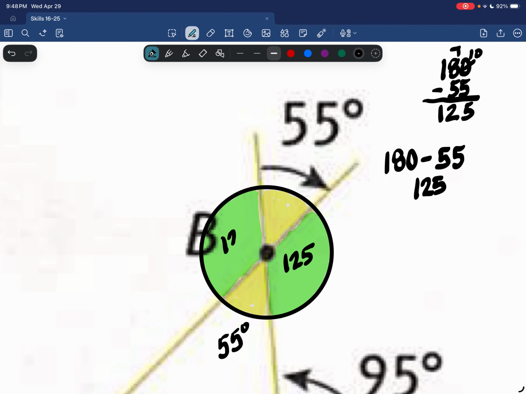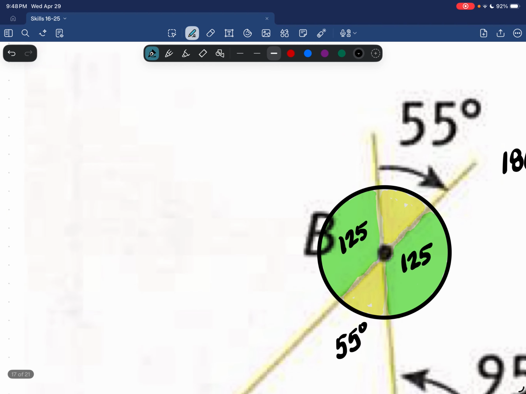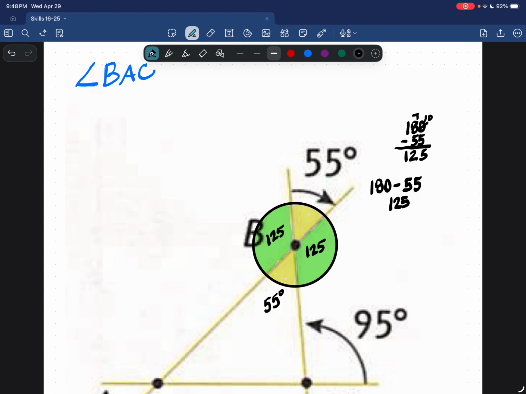And that will be the same here. And the four of those should add up to 360. And let me just show you how you can check yourself. Let's add these up and see what we get. So we have a 55 and a 55.